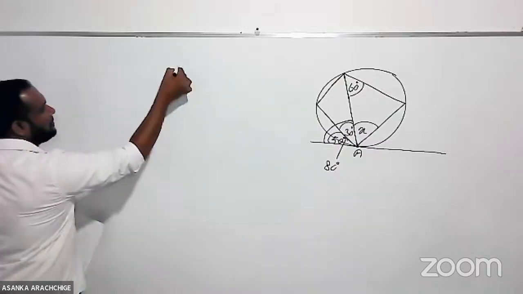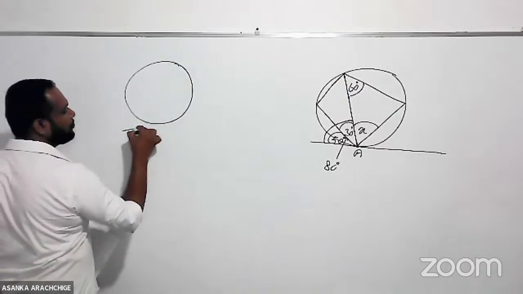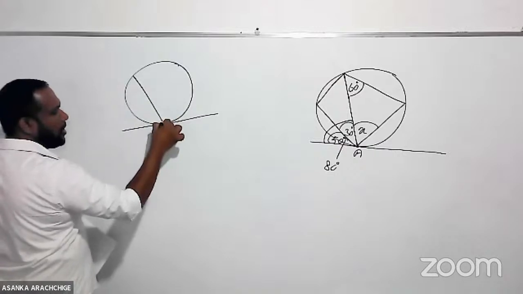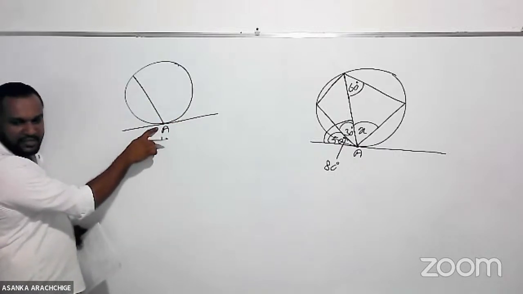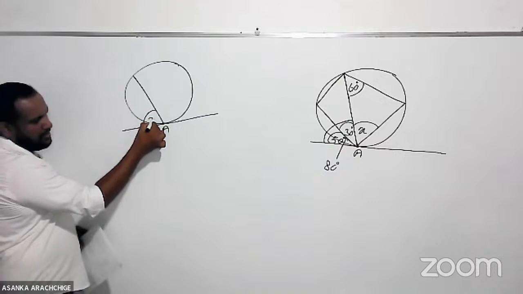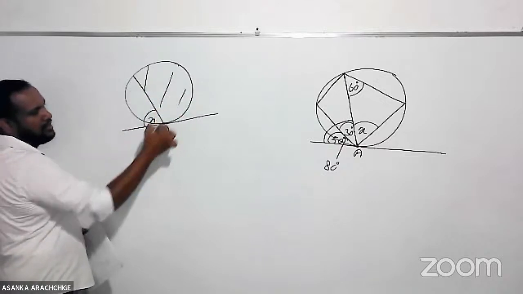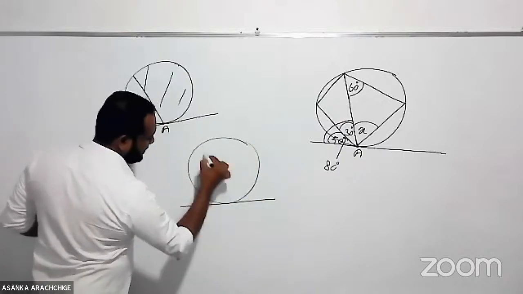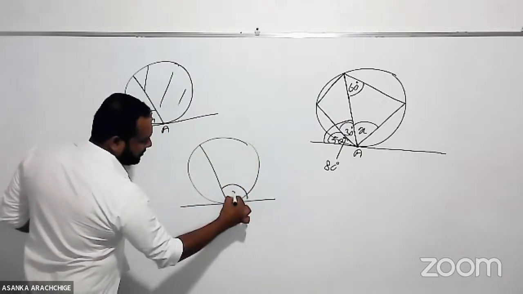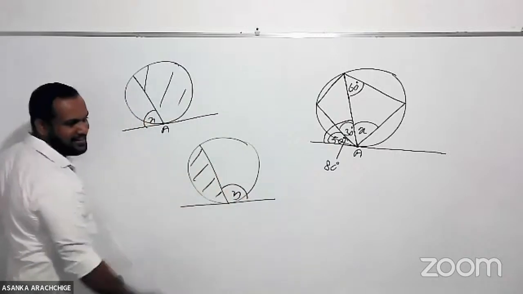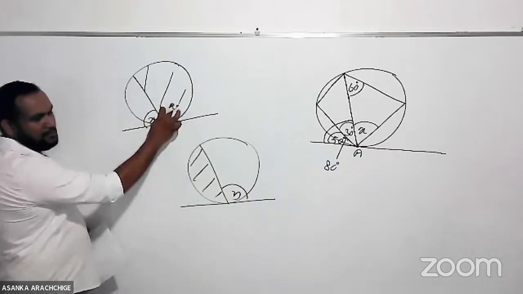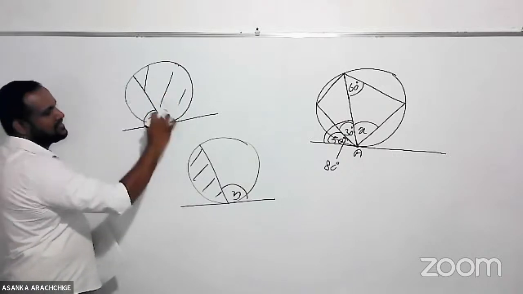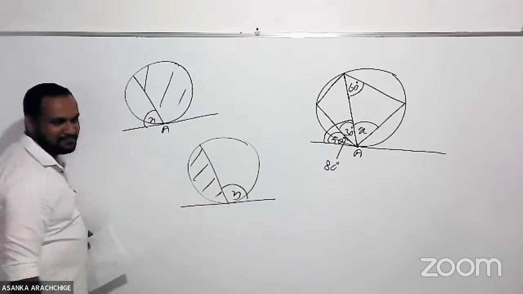For example, with respect to this angle, this is the alternate segment. The segment located on the other side of that angle is called the alternate segment.